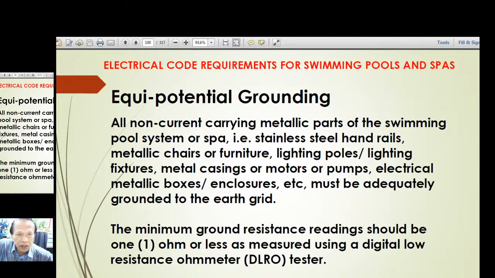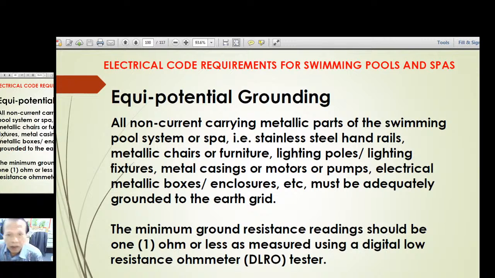Number one that must be observed is the equipotential grounding. All non-current carrying metallic parts of the swimming pool system or ISPA, for example, the stainless steel handrails, metallic chairs, or other furnitures that are metallic, lighting poles, lighting fixtures, metal casings, or motors or pumps, electrical metallic boxes, enclosures, etc. must be adequately grounded to the earth grid.